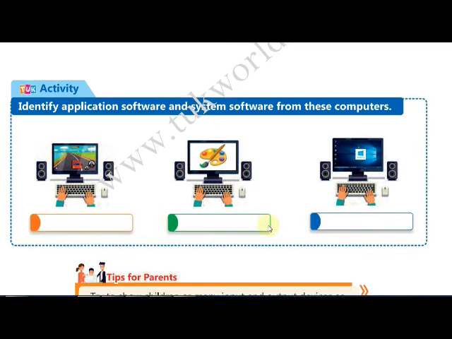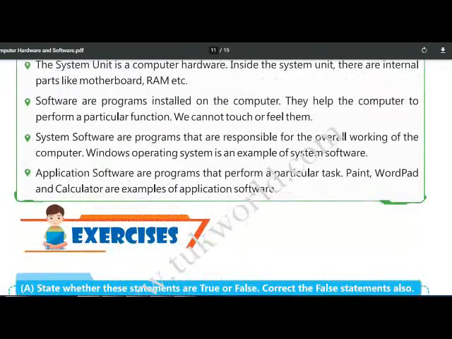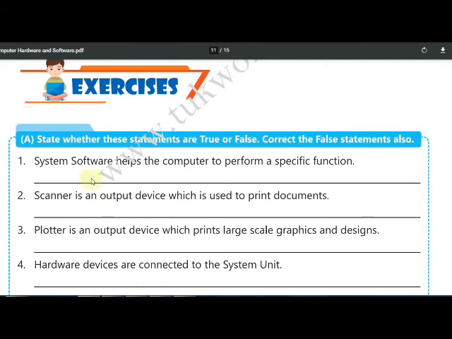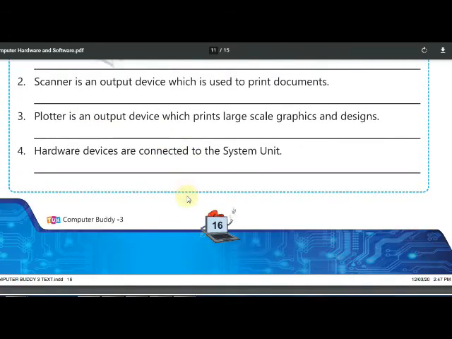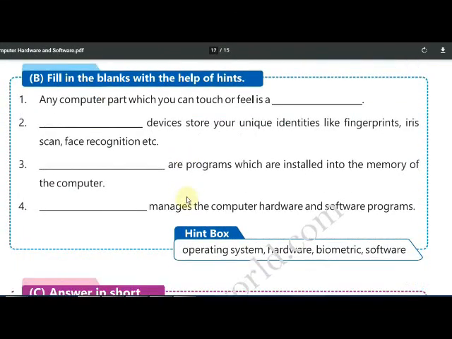Now, after this, let's see the next point, that is the exercise which you have to solve in your computer notebook. First one, state true or false. Then next one, fill in the blanks with the help of hints given here.